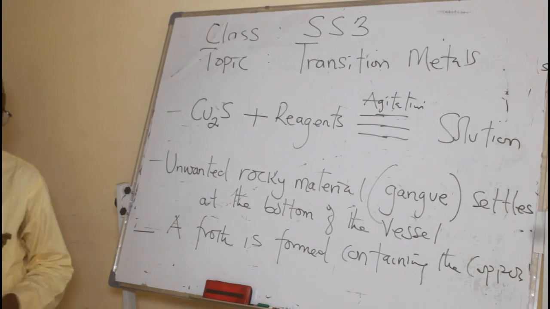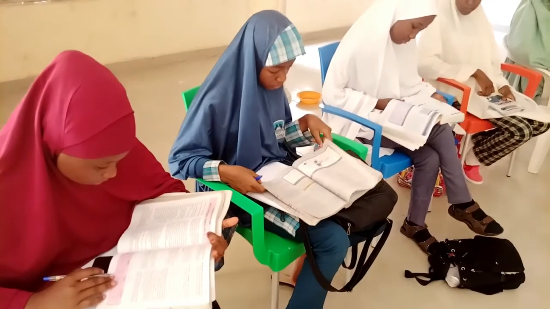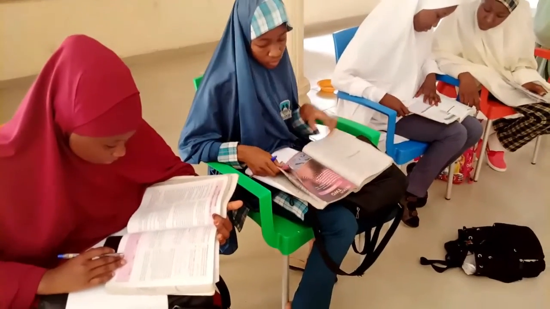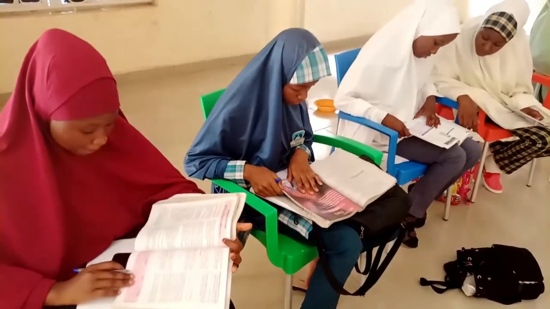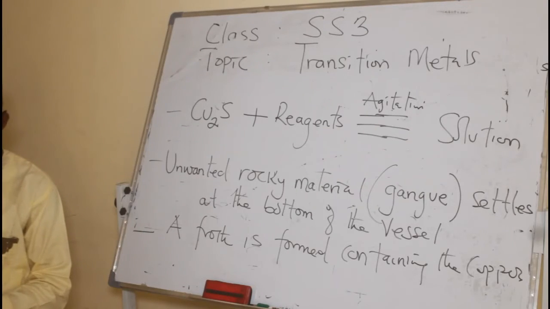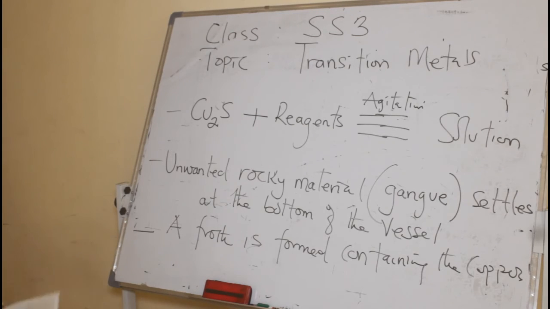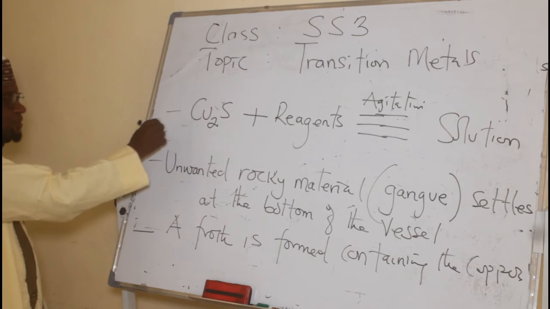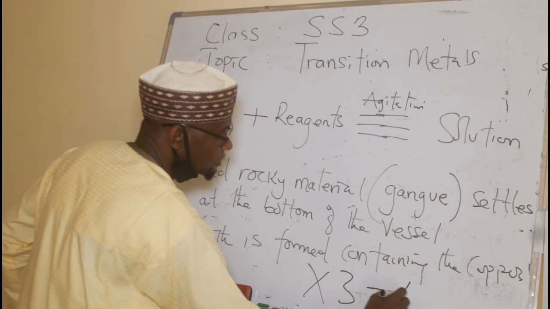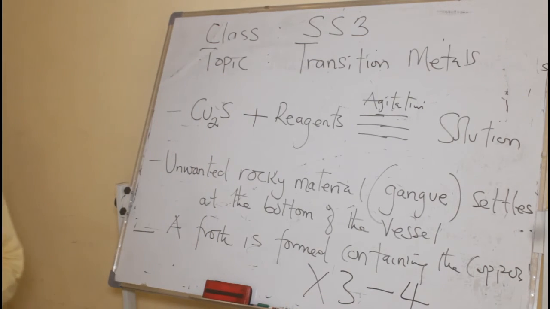Do the agitation, get the froth separated again, agitate it again, continuously, up to the level when you are making sure all the gangue, all the rocky materials, are completely separated from the copper ore. Are you following? You do this process 3 to 4 times to make sure all the gangue is completely separated from the copper sulfide.